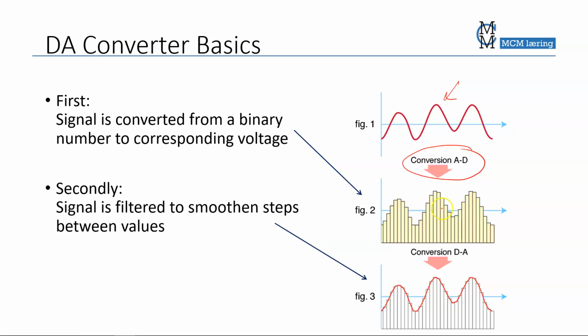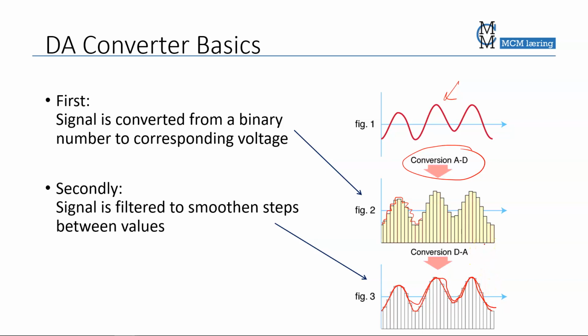So when we convert that back to an analog signal, we take the numbers and convert them to a voltage. So you get this kind of stepwise analog signal. If you run that through a filter, that will smoothen out the steps, so you get back your nice analog signal like this.